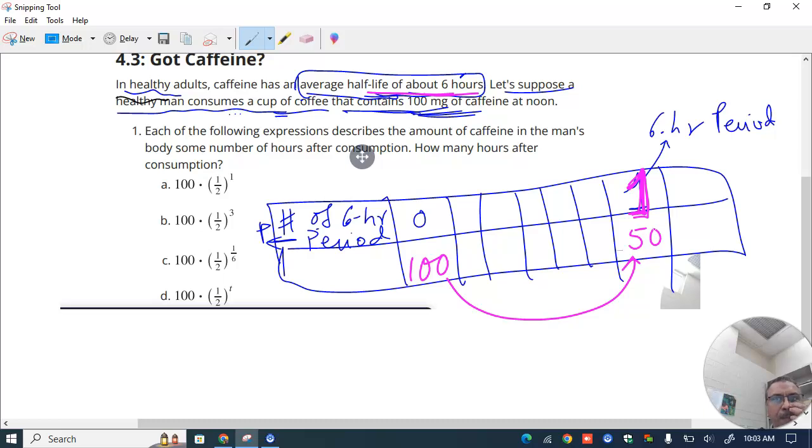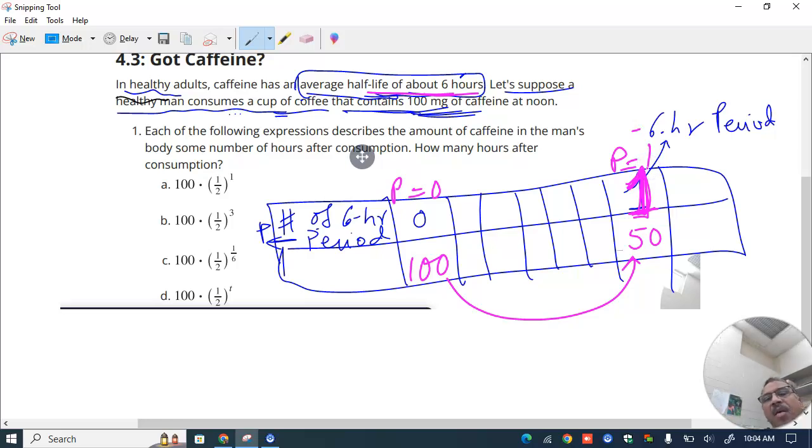That's what that means. Now remember this again. I repeat, this one stands for P. So P is zero here. That's zero. This is P equals one, which means 6 hours.